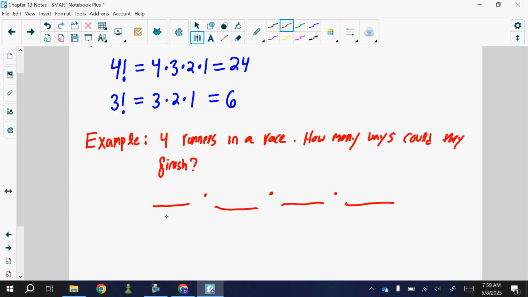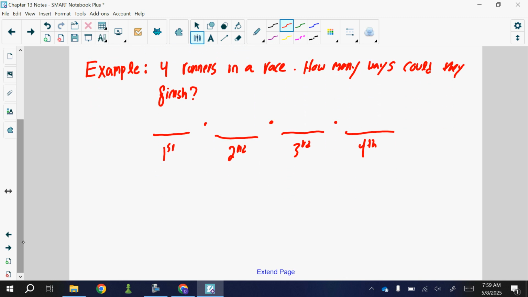For first place, I have 4 potential runners that could get first place. So 4. Then for second place, if we're assuming no ties, one person already finished the race, so I have 3 other people that could potentially get second, then 2 for third, and then one person would be left for fourth place. So that's just 4 factorial. 4 times 3 times 2 times 1 is 24.